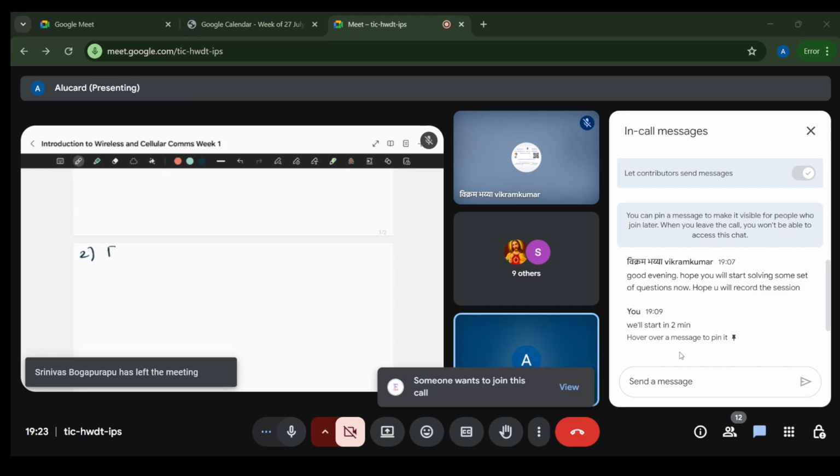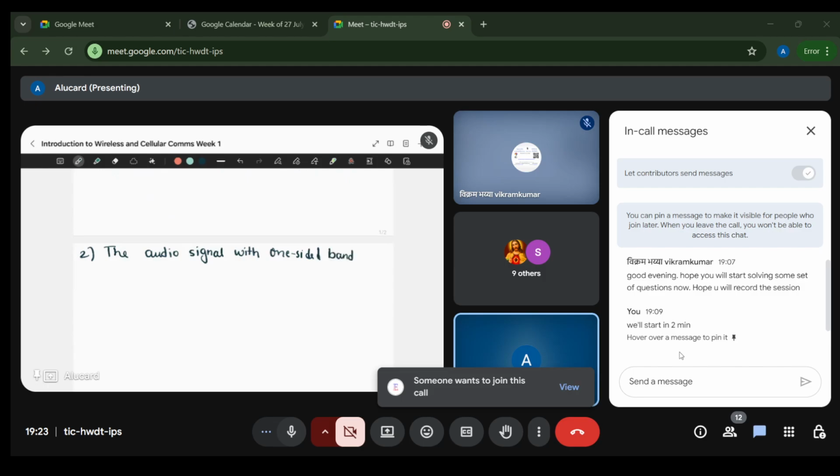Question 2. The audio signals with one-sided bandwidth 12 kilohertz is sampled at Nyquist rate and quantized to 8 bits per sample.